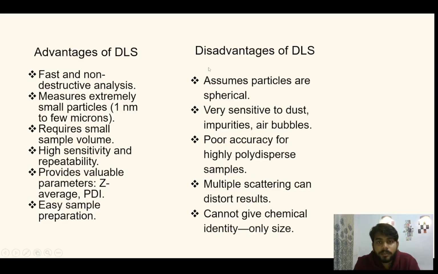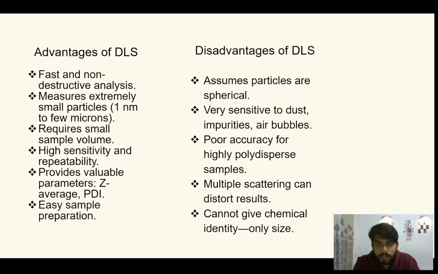And there are some disadvantages or challenges in using DLS. First, it assumes that all particles are spherical, and DLS is very sensitive to dust, impurities, and air bubbles, so the sample needs to be very pure.